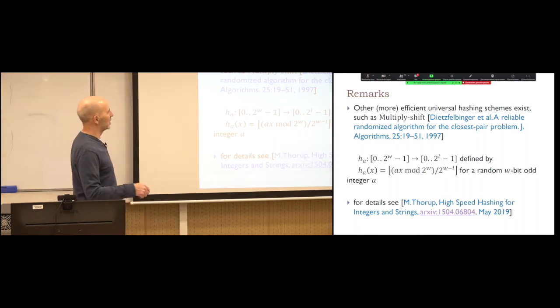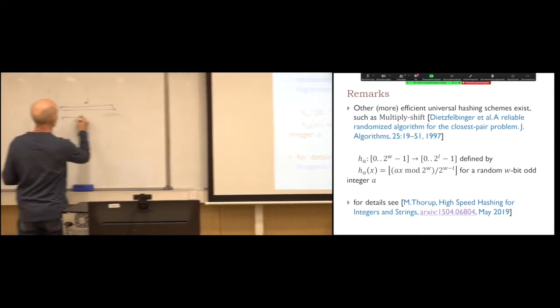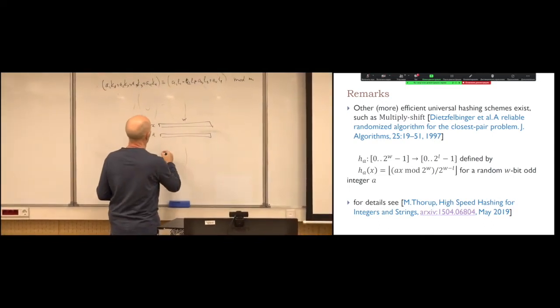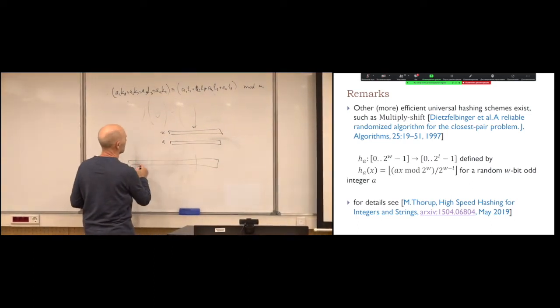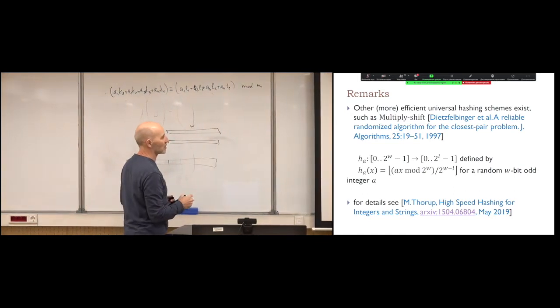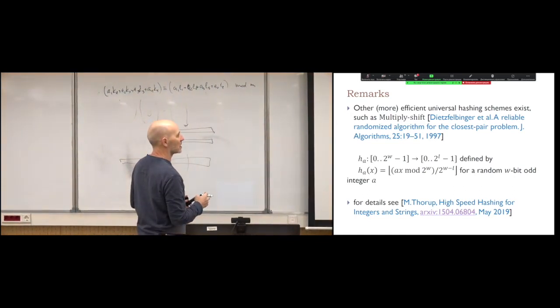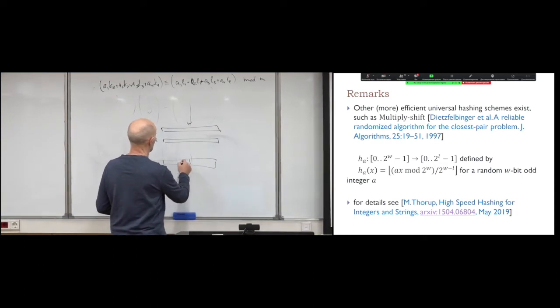So we have a key x of w bits. We have a random number a of w bits. We multiply them, we obtain a number of 2w bits, and then we take the less significant w bits, and then we take these L bits from it.